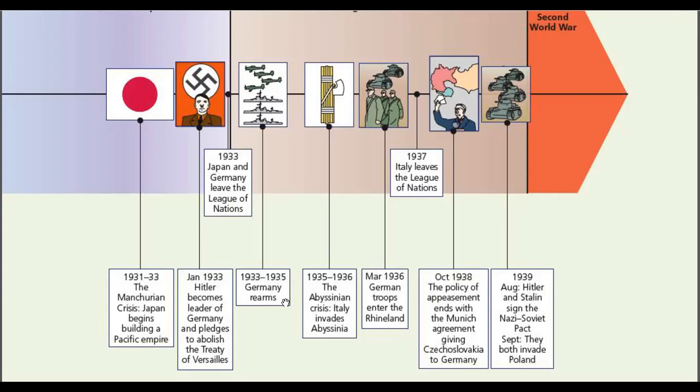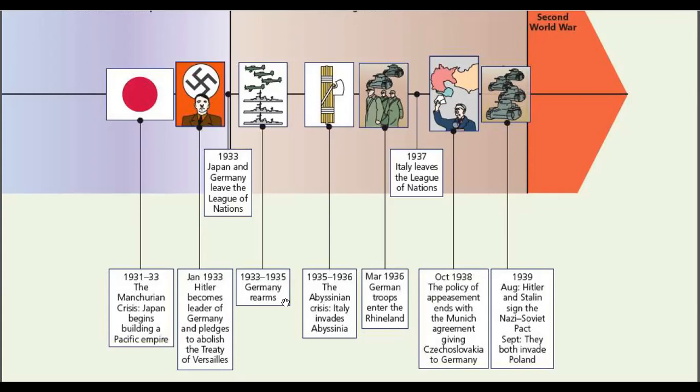Then 1933 to 1935, Germany rearms its army. Also, Italy invades Abyssinia, and in March 1936, German troops enter the Rhineland.